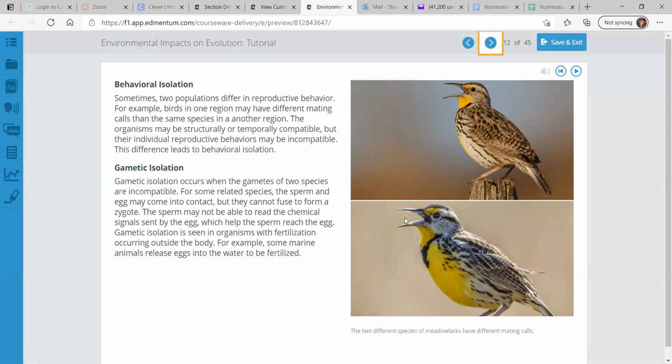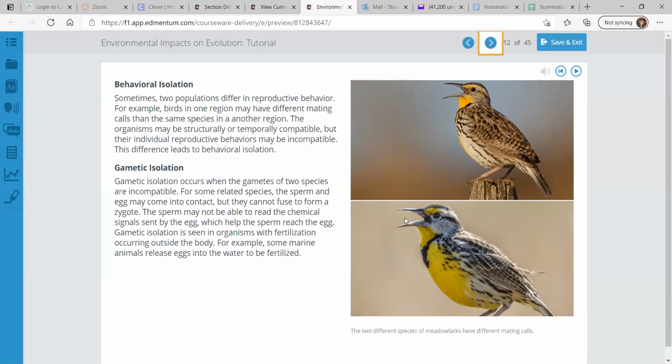Behavioral isolation. So sometimes two populations differ in reproductive behavior. For example, birds in one region may have different mating calls than the same species in another region. The organisms may be structurally or temporally compatible, but their individual reproductive behaviors may be incompatible.